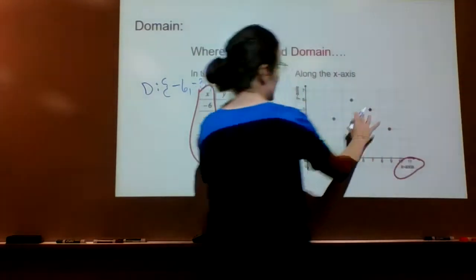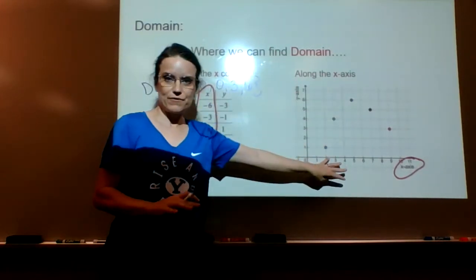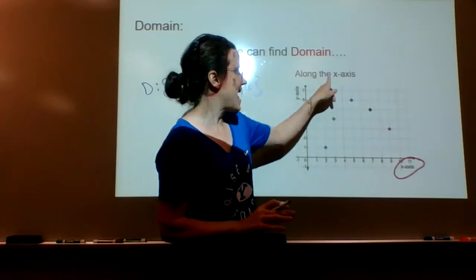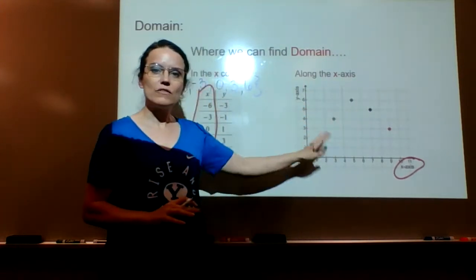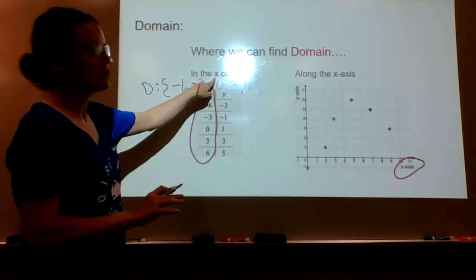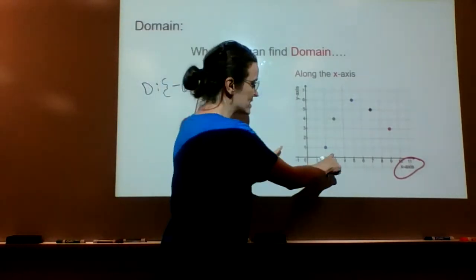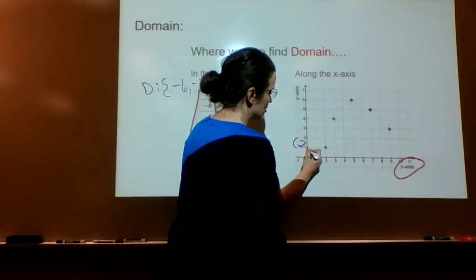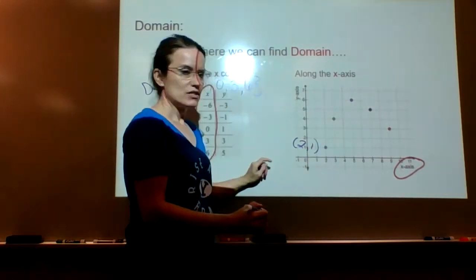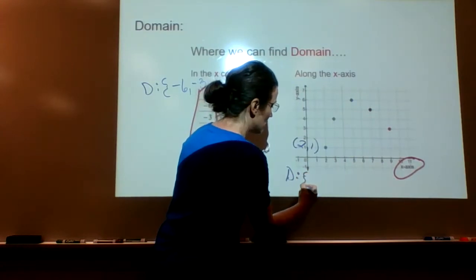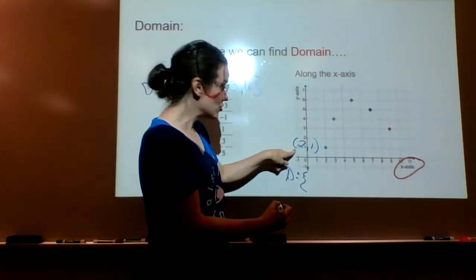When you have a graph for your function, the domain is how far over on the x-axis all of your points are, because remember, it's your x values. You look at this point, it's at (2, 1). So when we're looking for the domain of this graph, the first one I come to is a 2.